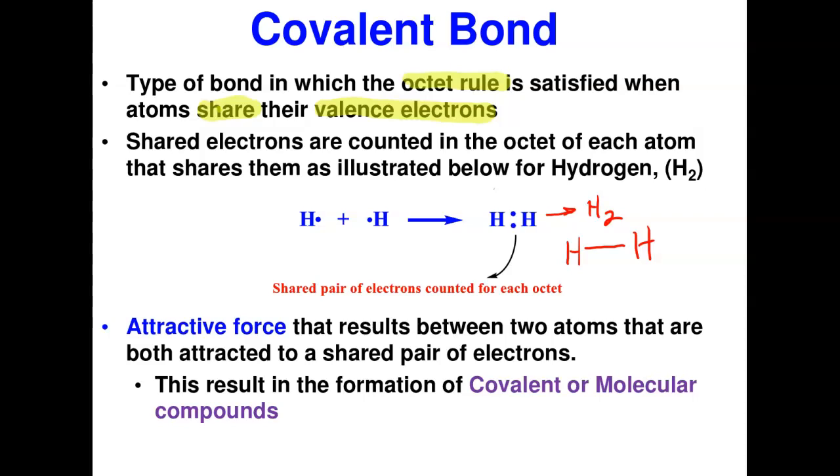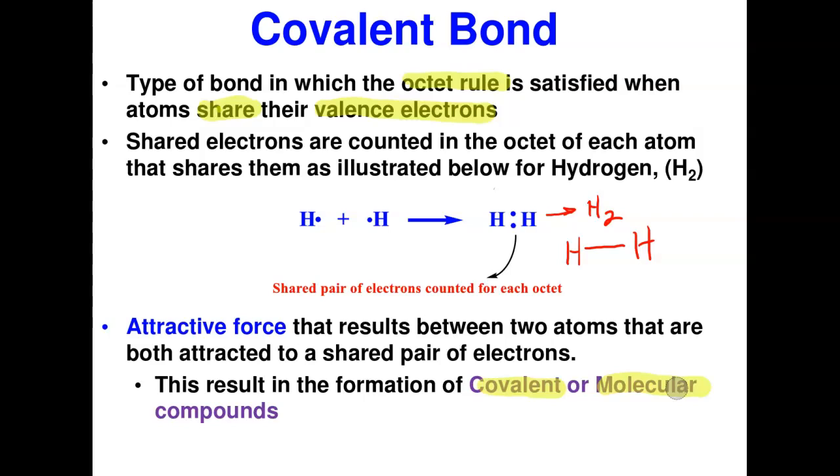And the result of this bond is what? It gives rise to what we call the covalent or the molecular compound. If you don't call them covalent, you can call them molecular compounds. So these are compounds, unlike the ionic compounds that are formed as a result of transfer of electrons from a metal, which are gained by a non-metal.